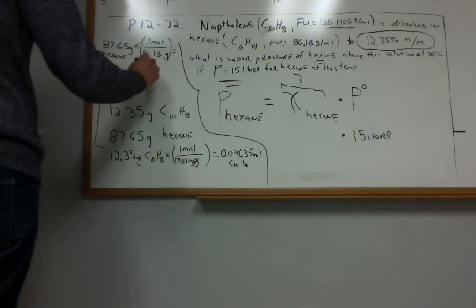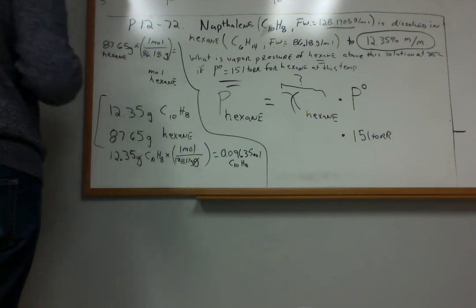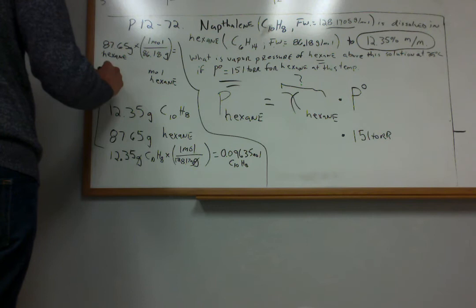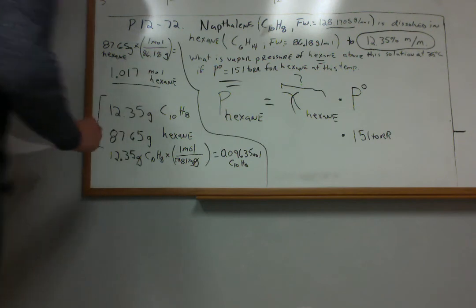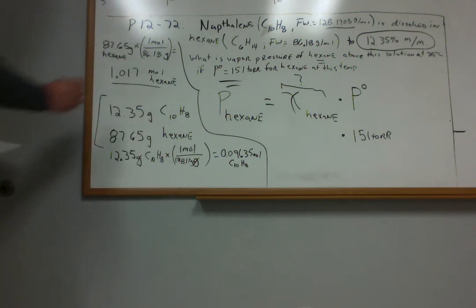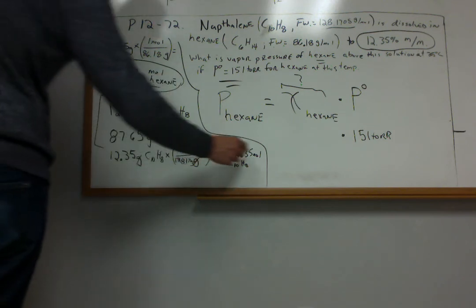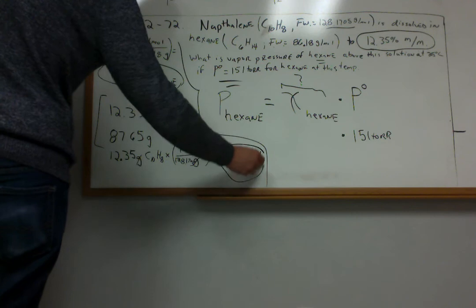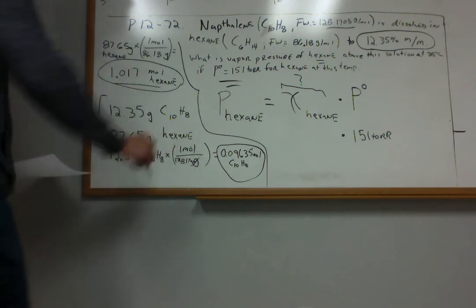So if I do the math on that to find my moles of hexane, I quickly realize that I've got a little over 1 mole, 1.017 moles of hexane. So now I know the ingredients in my assumed 100 grams. A little over a mole of the solvent, hexane, and a little under 1/10 of a mole of my solute, my naphthalene.